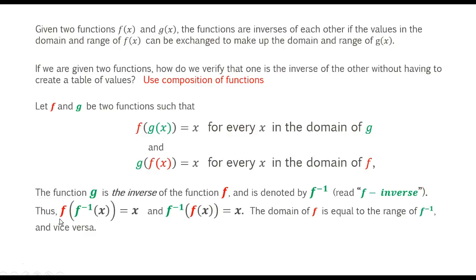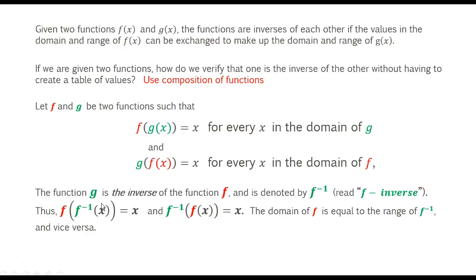Thus, f composed of f inverse of x, or you can just say f of f inverse of x equals x, and f inverse of f of x is equal to x. The domain of f is equal to the range of f inverse, and vice versa. So this is just the mathematical definition of an inverse.